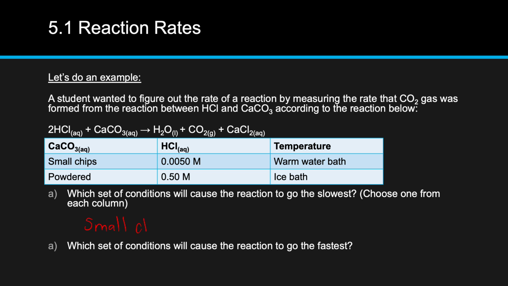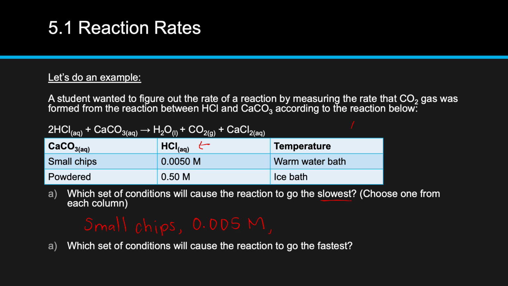Now, the reason small chips is going to cause the reaction to slow down is because there will be less of the CaCO3 exposed. So the next set of conditions is based on HCl. Now, we just went over molarity. When you have a higher molarity, you're going to have more particles, which means your reaction is going to speed up. So if we want the reaction to go slower, we're going to choose the lower molarity, which would be 0.005.